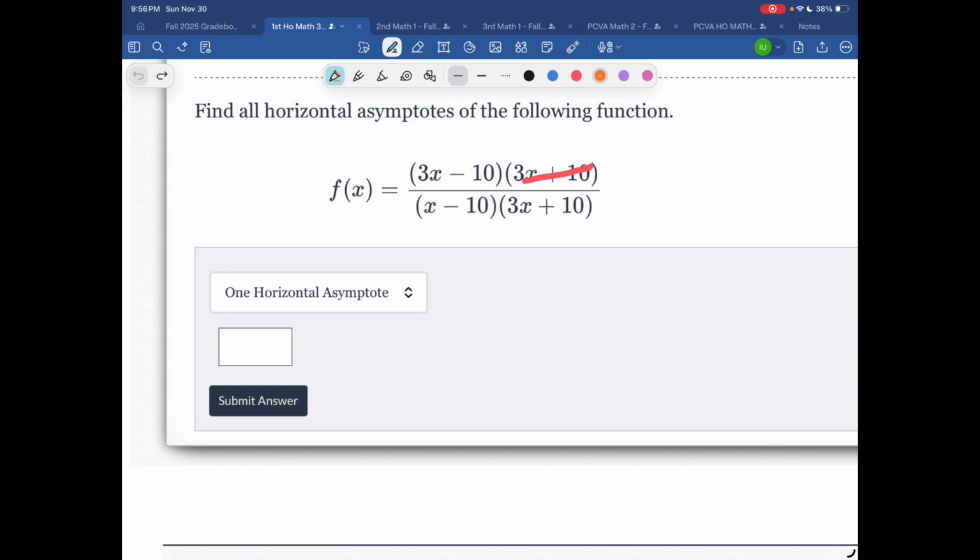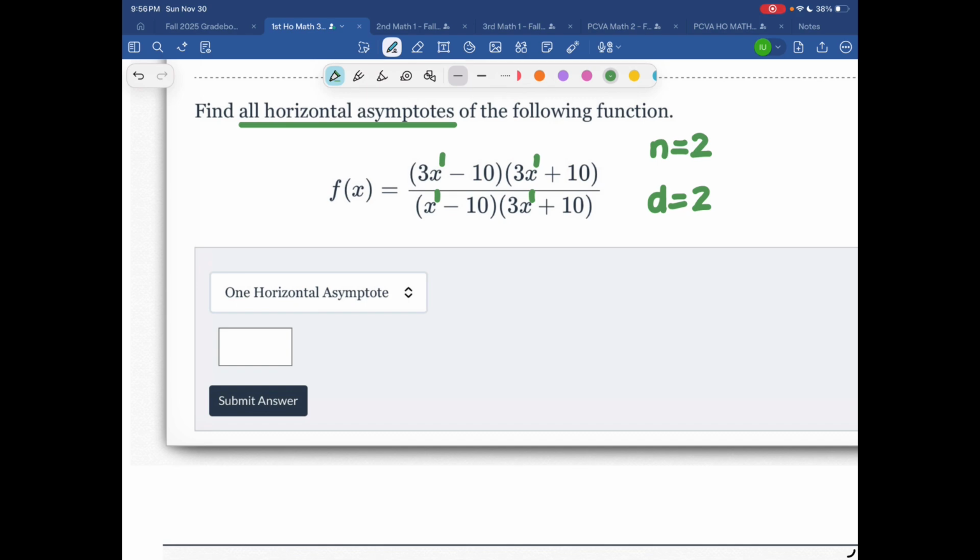Let me backtrack. So if it's a horizontal asymptote, that's the degrees. So this is in factored form, so we need to make sure we know what the degree is. So this has a degree of 2, because there's 2 x's. This one also has a degree of 2. So they're equal to each other.